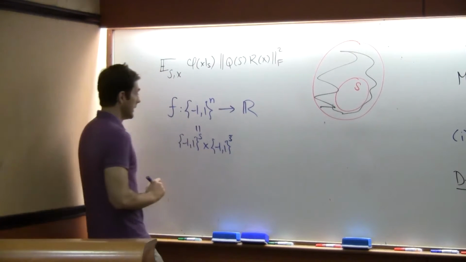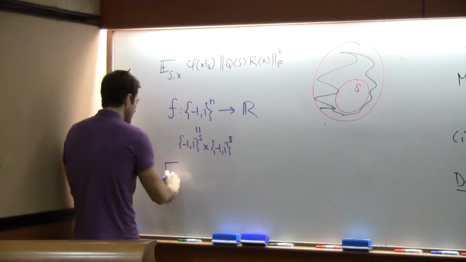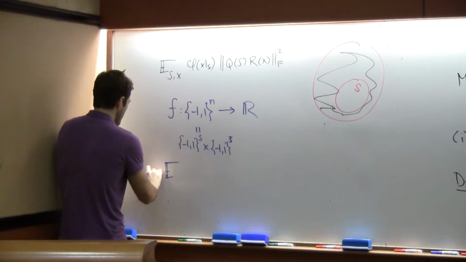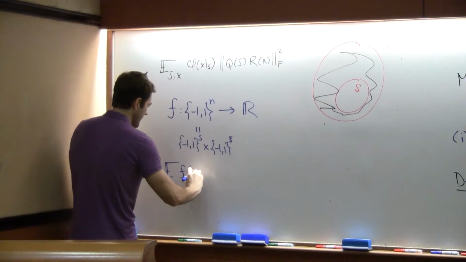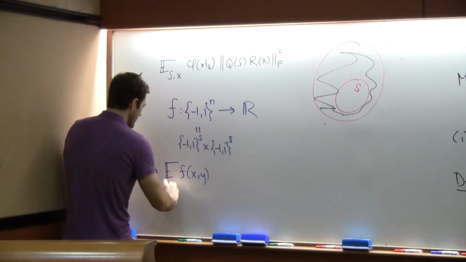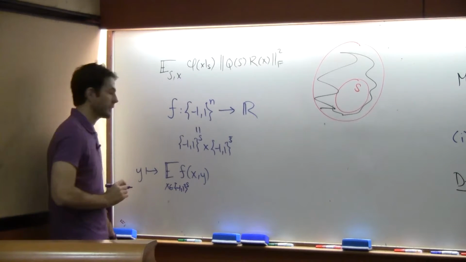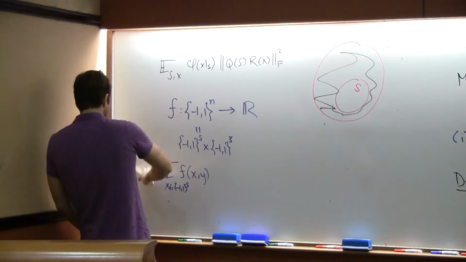S bar. Yeah. So suppose we average. We think of the function that maps y to f of x, y, where x here is averaged over minus 1,1 to the s. And in fact, let's not think about the function that maps y there.